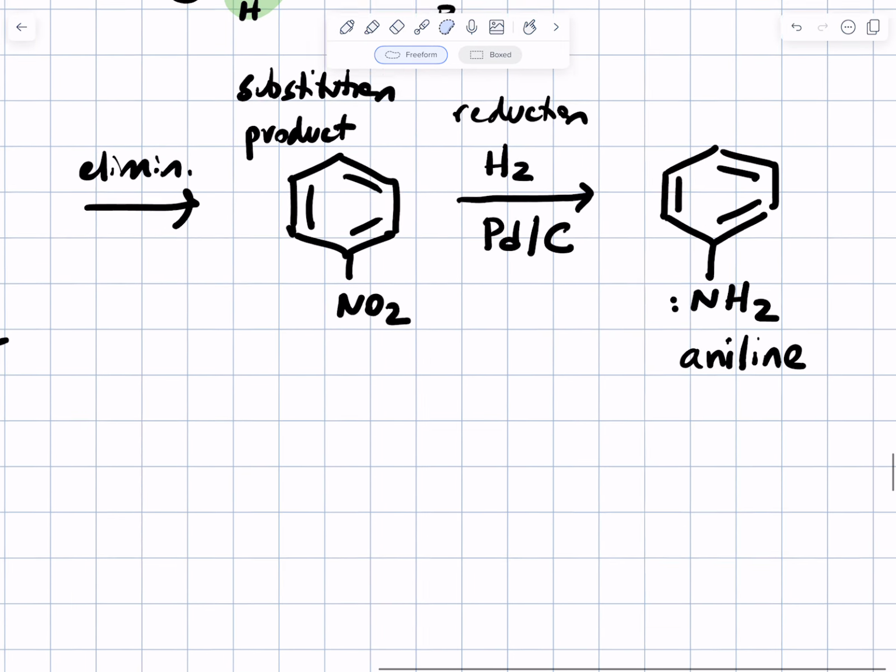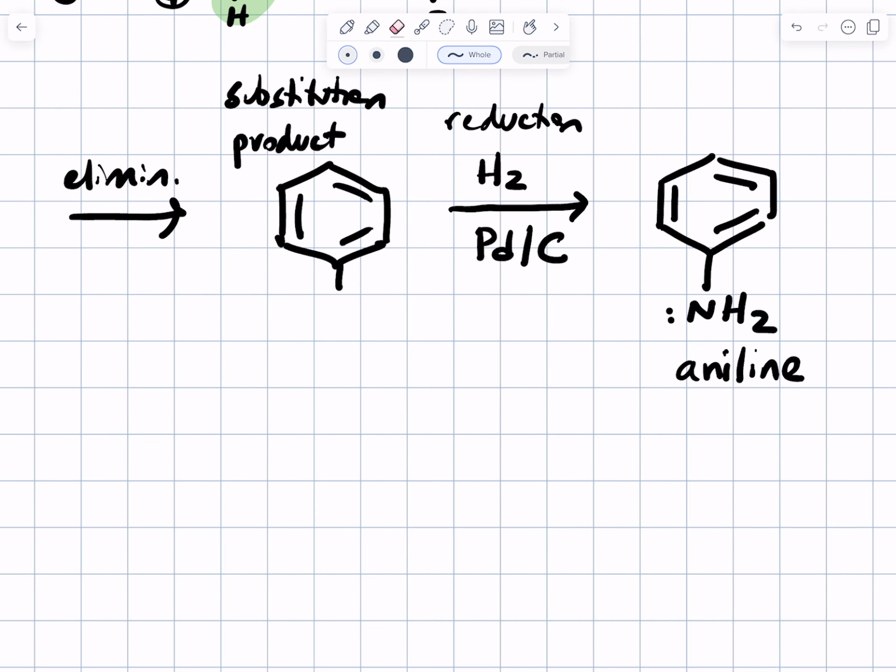So to illustrate this, I'm actually going to draw the Lewis structure of the nitro group. And I want you to notice that the atom that's attached to the benzene ring in the nitro group has a positive formal charge on it. And that atom is attached via a pi bond to an electronegative oxygen.